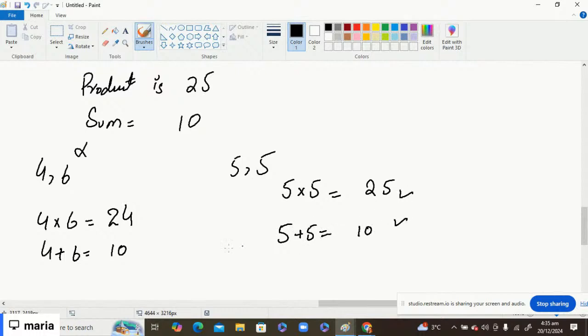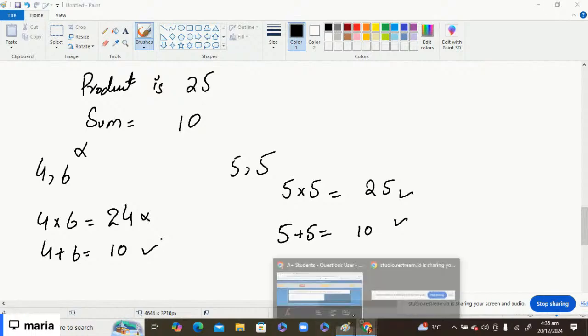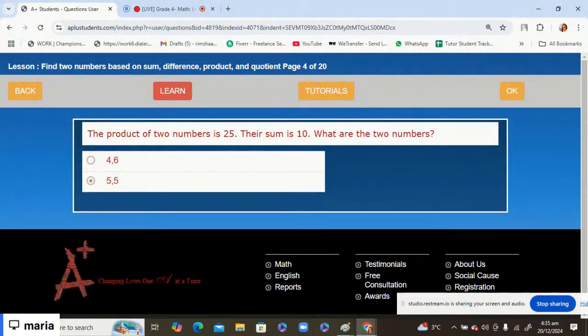Here both are the same. So the answer we get is 5 and 5, because in the 5 and 5 both the product and the sum are the same. So this is 5 and 5.